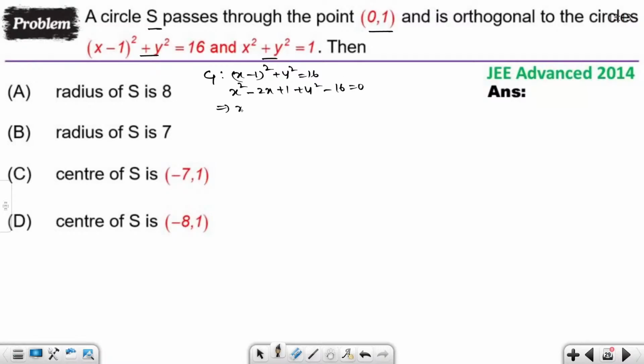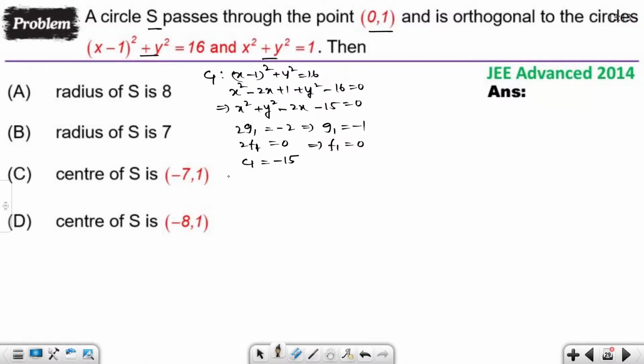So from here we get x square plus y square minus 2x minus 15 equals 0. Here 2G1 is minus 2, which implies G1 is minus 1. We can easily see that F1 is 0, and C1 here is minus 15. This is for circle 1.